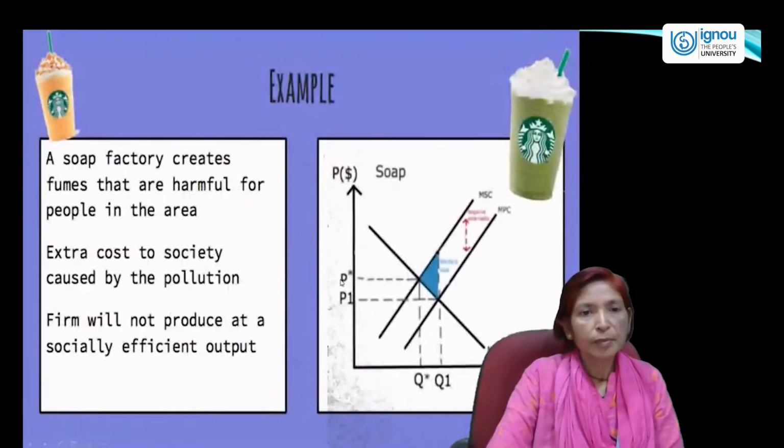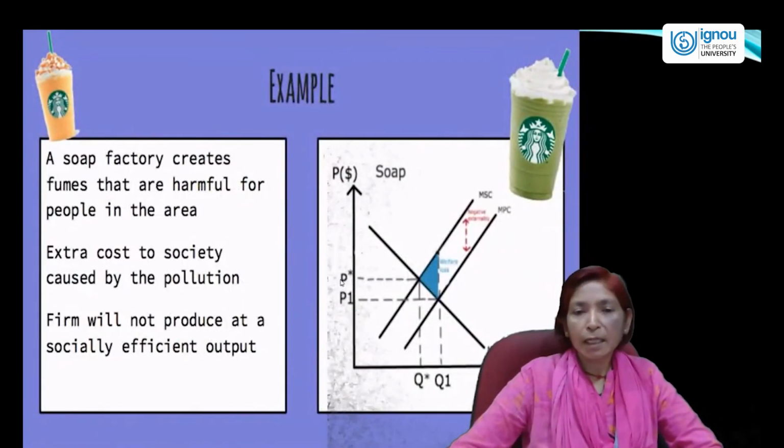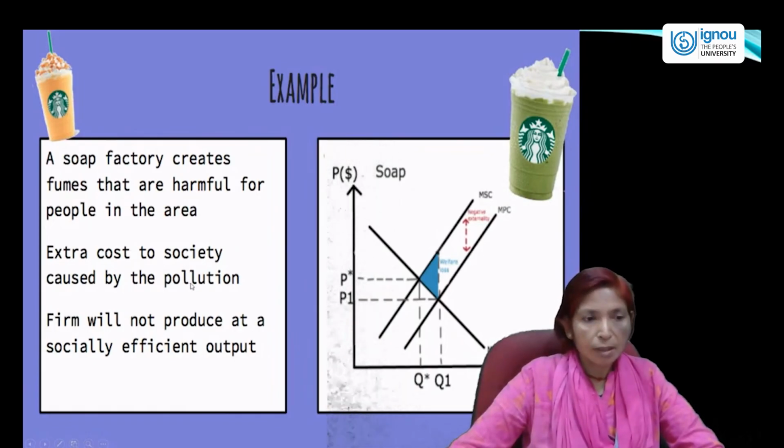Next is an example of negative externality. For example, a soap factory creates fumes that are harmful for people in the area. Extra cost to society is caused by pollution. The firm will not produce at a socially efficient output level.